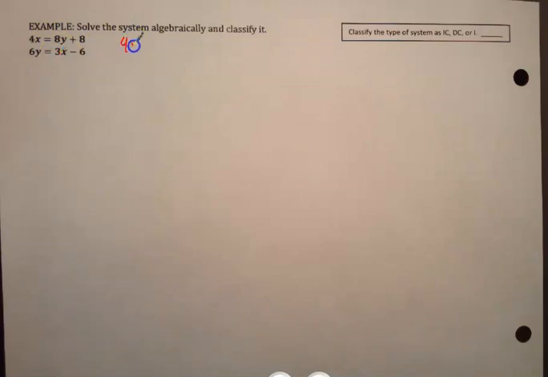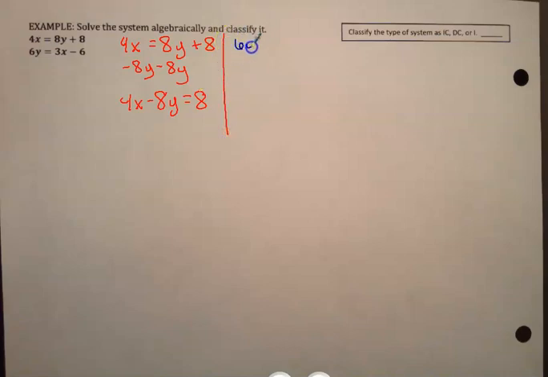So let's take the 4x equals 8y plus 8, and let's get our x and y on the same side. So we're going to have 4x minus 8y equals 8. Let's do the same thing with our other one. We have 6y equals 3x minus 6. Okay, let's get x and y on the same side. So subtract 3x.